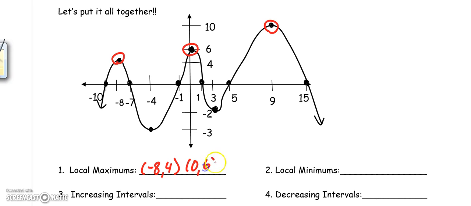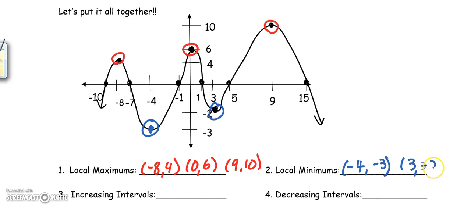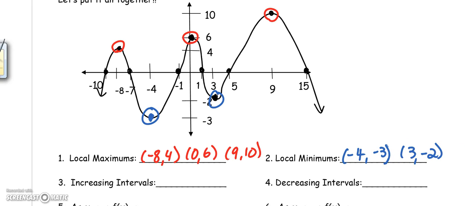I've got 0, 6. And 9, 10. So we actually had 3 local maximums. Now I want to find my local minimums. So I've got one here and one here. So I've got -4, -3. And then I've got 3, -2.